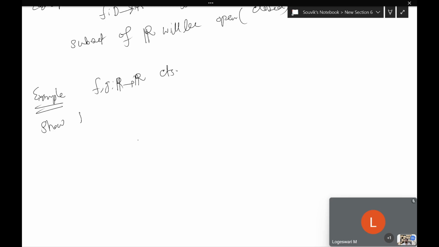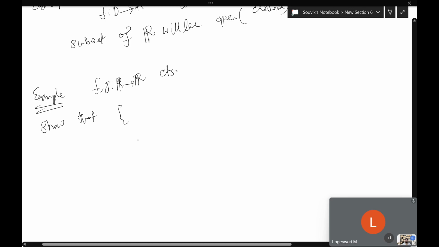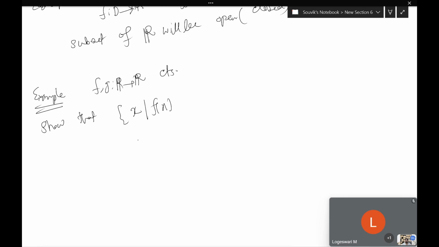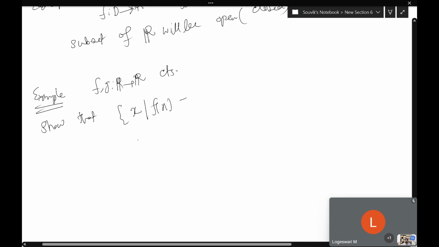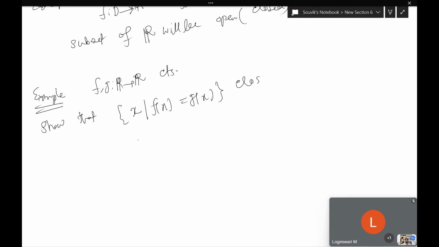Show that the set of x such that f(x) equals g(x) is closed in R. So using the previous definition, try to show that this set of x where f(x) and g(x) agree is closed in R. Okay.